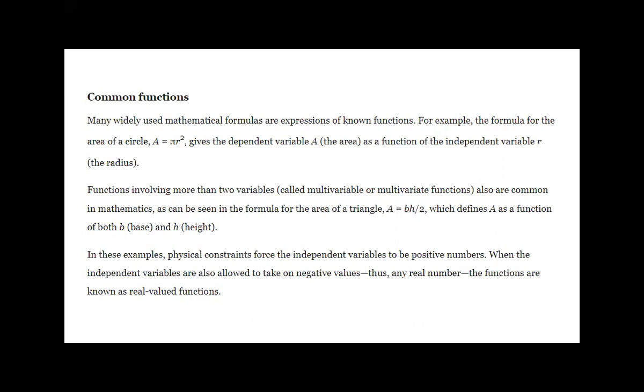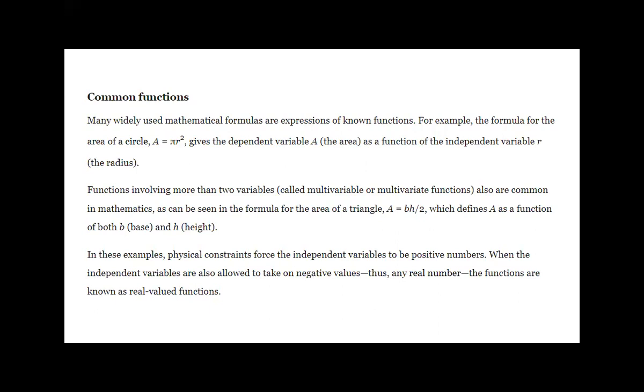In these examples, physical constraints force the independent variables to be positive numbers. When the independent variables are also allowed to take on negative values, thus any real number, the functions are known as real valued functions.